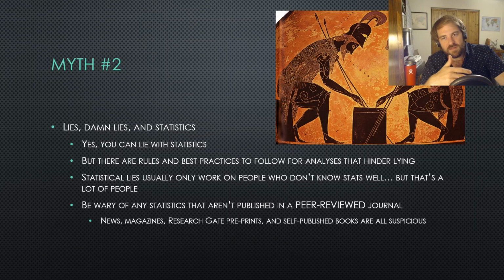It doesn't mean that it's right. They could be lying with statistics, because you can lie with statistics. But if you're looking at something that's peer reviewed, someone is there to make sure that lying can't happen.